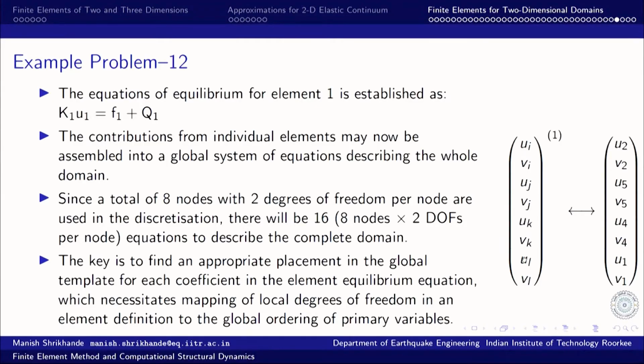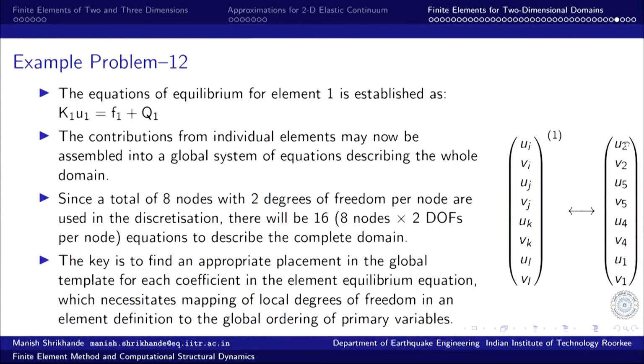So, essentially what it involves is mapping of element level degrees of freedom. We know there are 2 displacements at each node. So, u I v I, u j v j, u k v k, u l v l. We know that these I, j, k, l are numbered in counterclockwise direction.